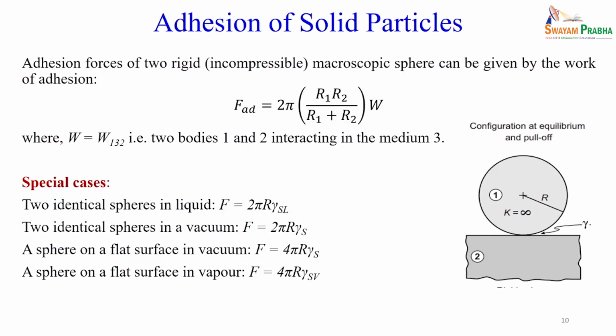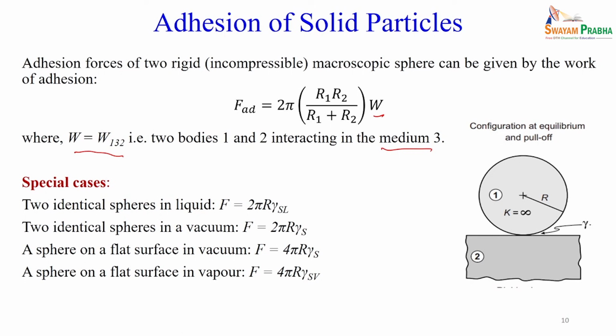So, for adhesion of solid particles, we will just see an example of one case. In case of solid particle adhesion, F adhesion is 2 pi into R1 R2 divided by R1 plus R2 into the work of adhesion, and the work of adhesion here is W132, meaning two bodies 1 and 2 are interacting in the medium 3.